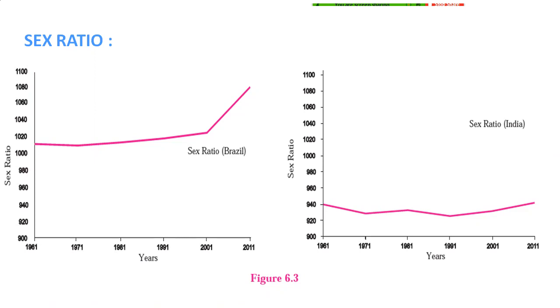In India, you also see fluctuations in the sex ratio since the past few decades. There has been a slight increase in the sex ratio after 1991, where it was around 940 females per 1,000 males in 1961. In 2011, it has increased slightly to between 948 to 950 females per 1,000 males.